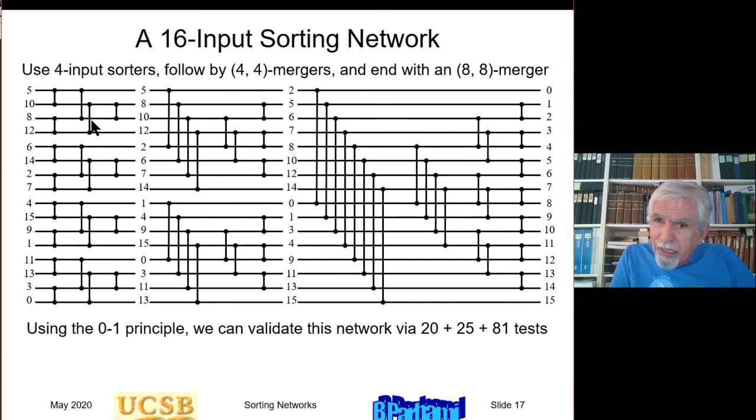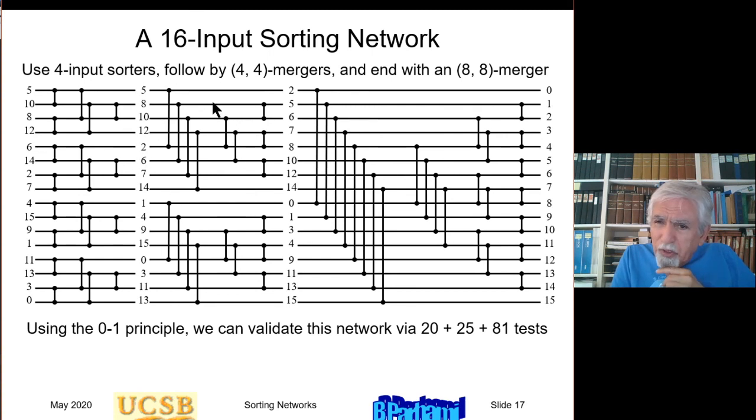Once I build them, I apply basically 5 inputs. Okay, so once I've sorted that, I need to sort this 4-4 merger.